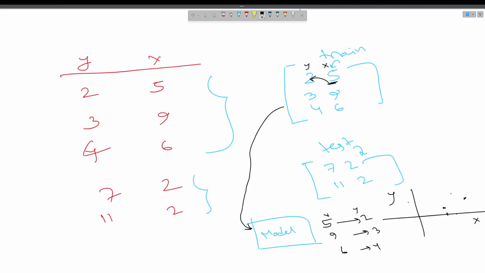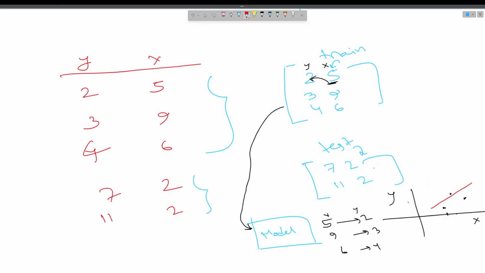Just assuming that. So maybe these are our plots, x and y. Now, just guessing, maybe this is a line that the model generates after learning the relationship here.